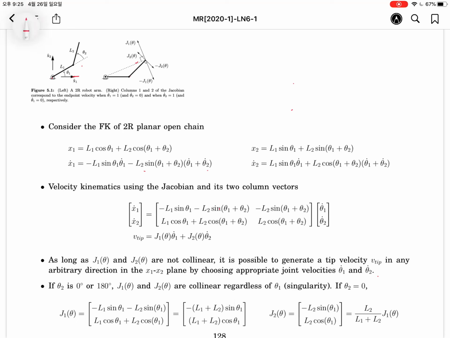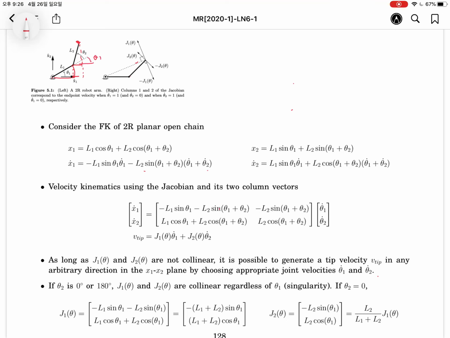Let's take a concrete, detailed example. Here, the endpoint of the two-link robot system is obtained. To obtain the forward kinematics, let's apply sine and cosine. This is L1 cosine zeta 1, and this part is L2 cosine of zeta 1 plus zeta 2.